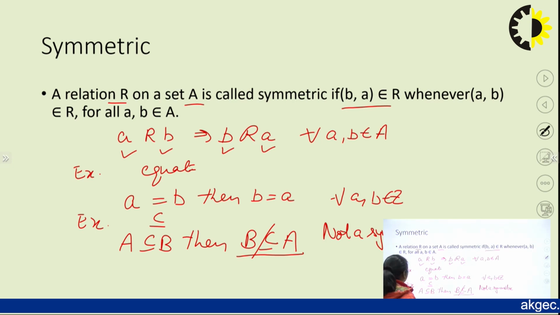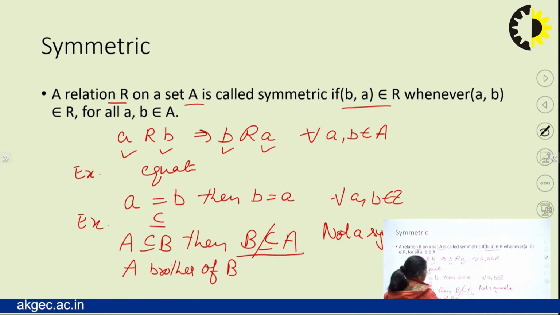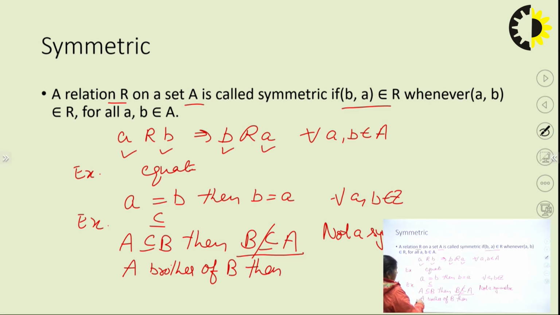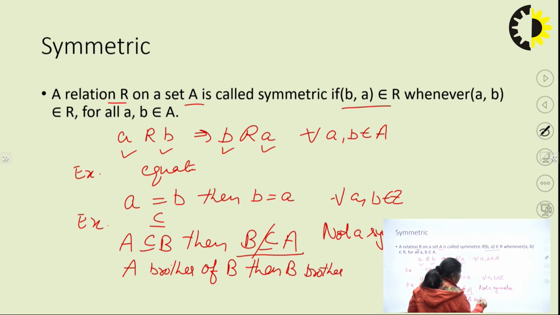Now let us try to understand with another example. Let me say the relation is the brother relation. If both are male, say the set is a set of boys, and A is brother of B, then B will also be brother of A. So this is a symmetric relation.